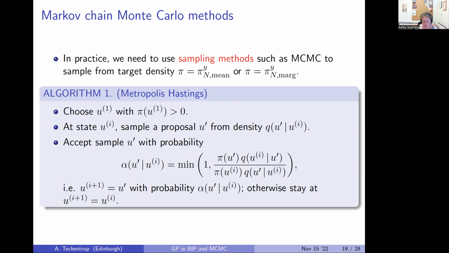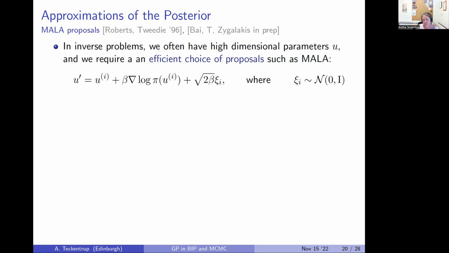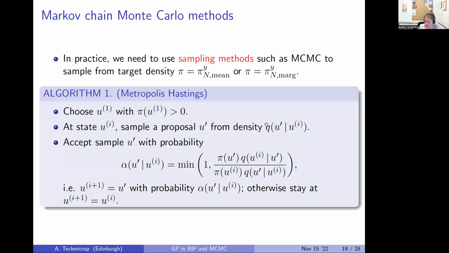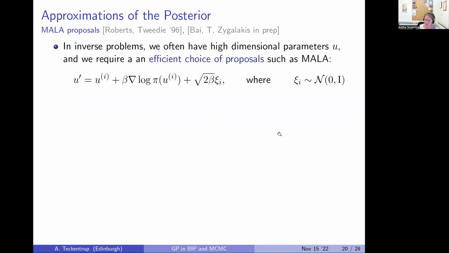So that's the method of choice for producing these samples. In practice, it's really important how to choose these proposals. So this proposal density Q that you have here to generate your U prime, you have to be able to choose that well. In particular, if you're in very high dimensions, which is typically the case in these PDE-based inverse problems, that you have very high dimensional parameters U.